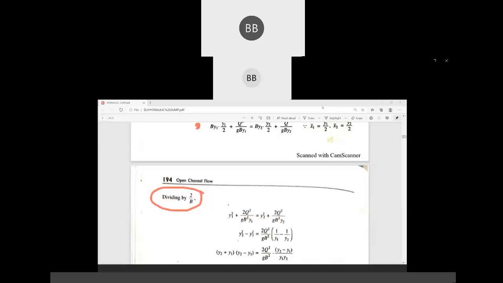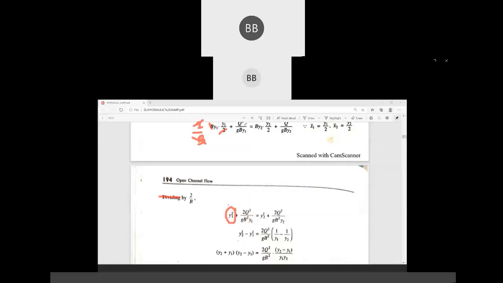There is a small mistake here: it's not dividing, it's multiplying by 2 by b. If you multiply by 2 by b, this b and this b will cancel out, and this 2 and this 2 will cancel out. What will be left is y1 square.